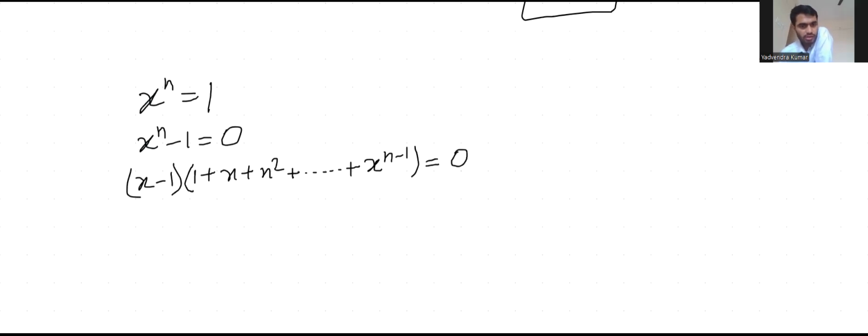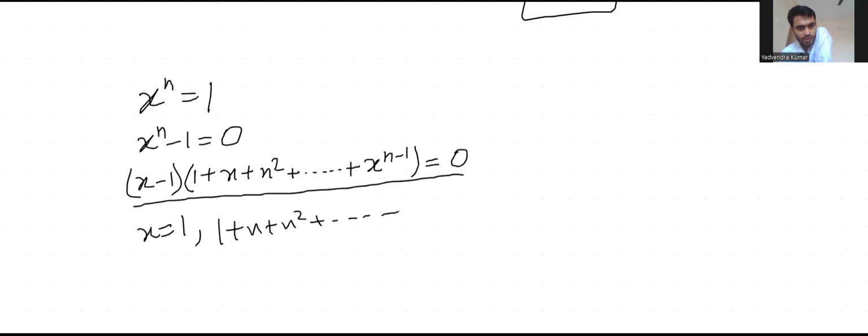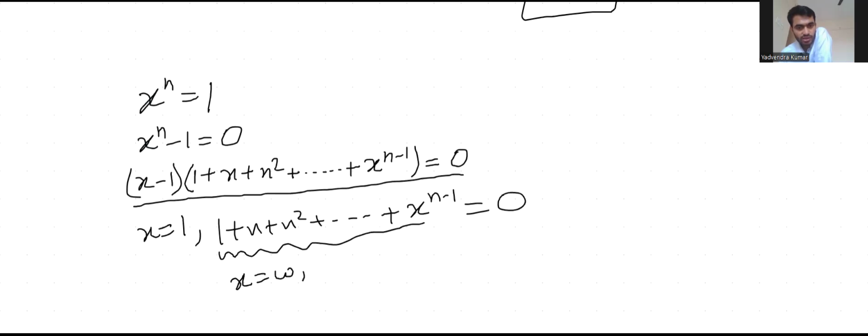So here you can understand that one root is 1, and the other factor is 1 plus x plus x square plus dot dot plus x to the power n minus 1 is equal to 0. So the other n minus 1 roots will come from here, right? And those roots are going to be omega, omega square, omega to the power 3, and so on up to omega to the power n minus 1.